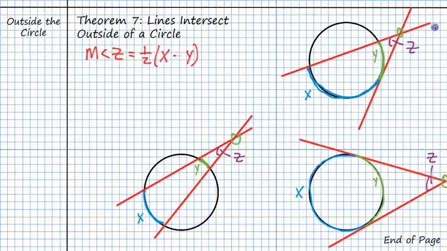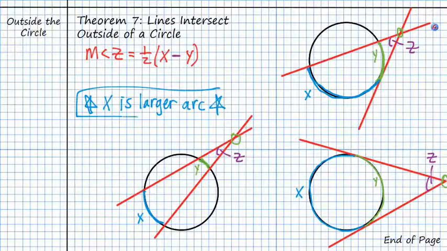Remember, X is your larger arc, which makes sense because we still want a positive angle for Z. It wouldn't make sense to end up with a negative number, which would happen if we used the larger number as Y.